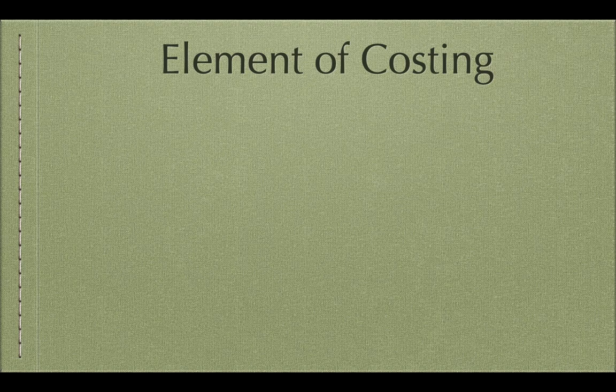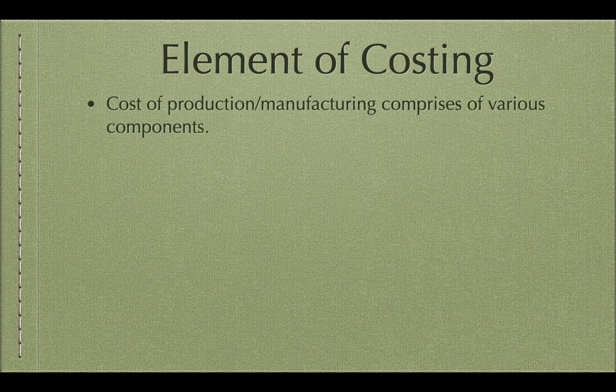Now friends, we are going to discuss in detail the elements of costing. What are the different elements of costing which actually make up the cost of a product? The cost of production and manufacturing comprises various components. As I told you earlier, first it's material, the raw material which we are using to make a final product.